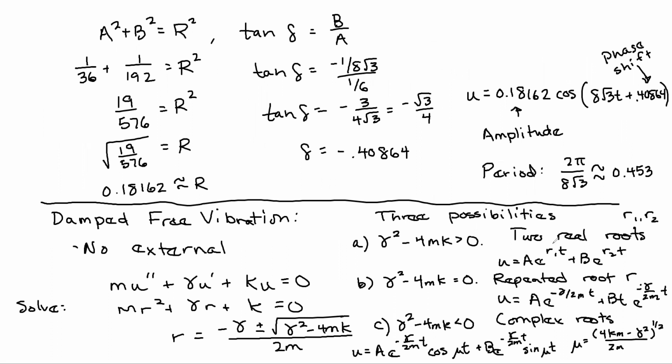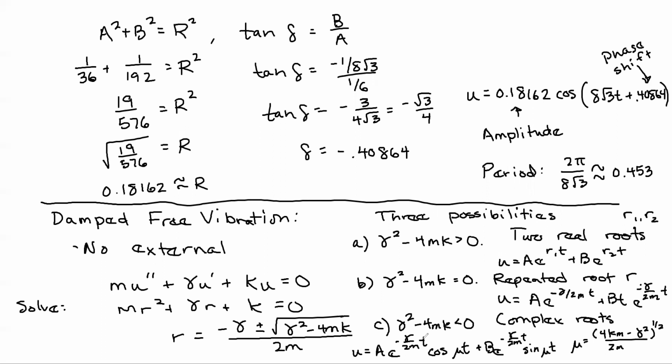Here's the first case. If R1 and R2 are negative, that means you have negative exponents. What happens to negative exponents as t increases? It's going to cause these exponential terms to go to 0. In the second case, if we have negative exponents, which we've already written in here, that's going to cause these exponential terms to go to 0 as t increases, and they will drown out that t there.